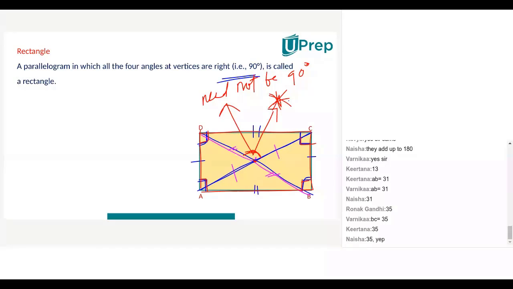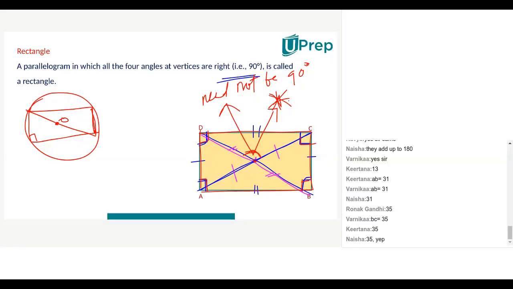So, one more thing, in a circle there is a rectangle. You can think this is a rectangle, so you know that this is 90 degrees. When you join this diagonal, it is passing through the center.